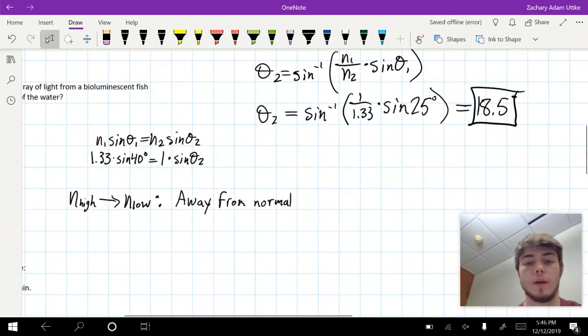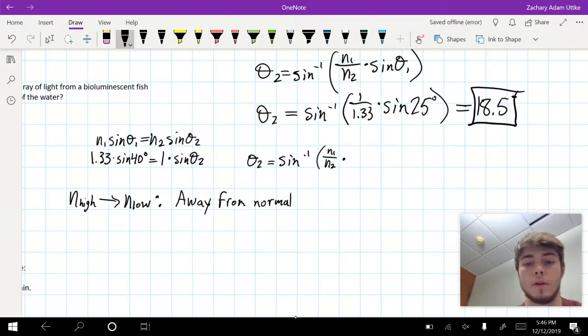So we're going to end up with theta 2 equals sine inverse of n1 divided by n2 times sine theta 1. Okay, so let's plug everything in that we know.